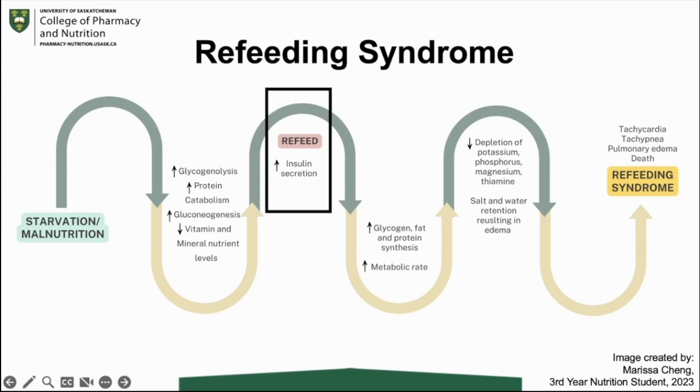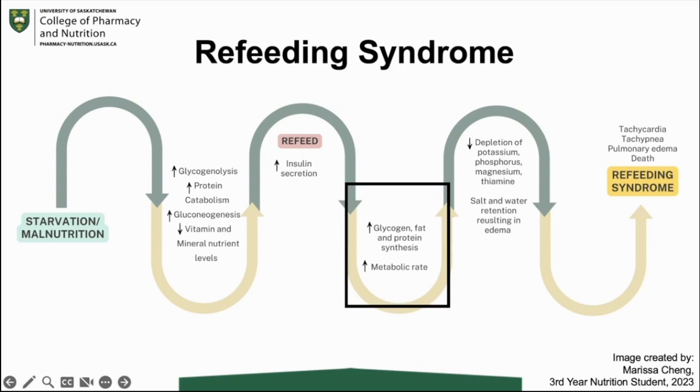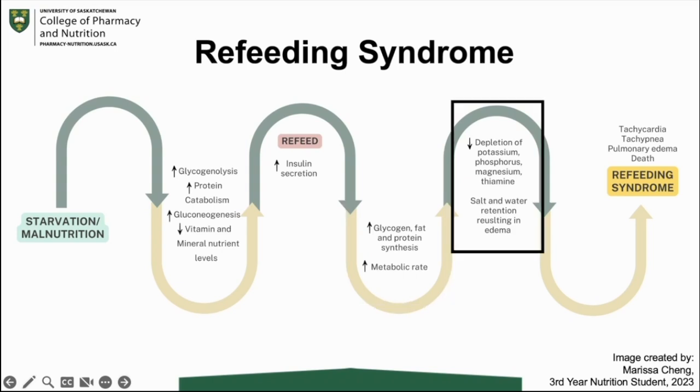When an individual is aggressively fed after a period of starvation, the blood glucose levels increase, which leads to increased insulin production. Insulin stimulates glycogen, fat, and protein synthesis, and a rapid increase in basal metabolic rate is seen. These metabolic processes require minerals such as phosphate and magnesium, and cofactors such as thiamine.